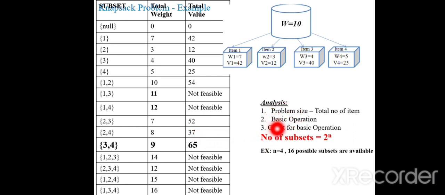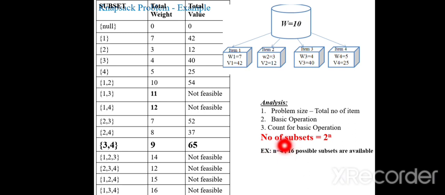Now the analysis of this problem. The problem size depends upon the total number of items. The basic operation is considering the items, computing the total weight, and checking whether the solution is feasible or not. Next, the count for the basic operation: the number of subsets is equal to 2 power n.